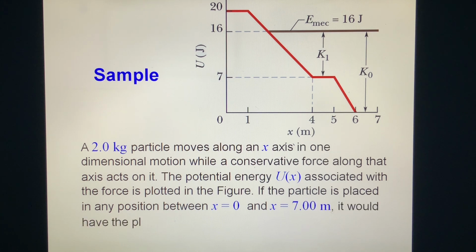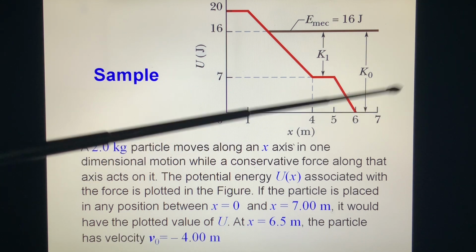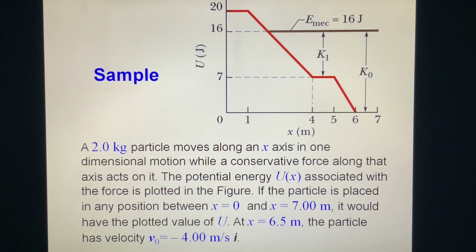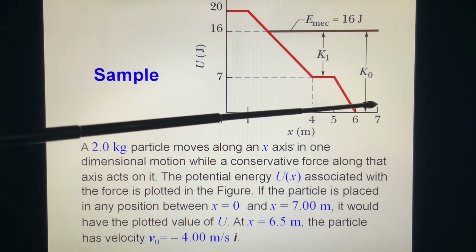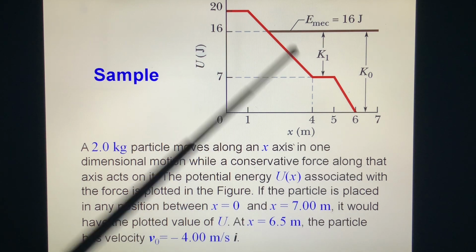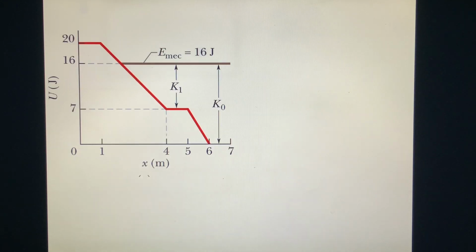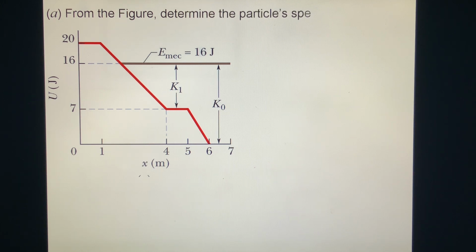If the particle is placed in any position between x equals 0 and x equals 7.00 meters, it would have the plotted value of U. At x equals 6.5 meters, the particle has velocity v0 equals minus 4.00 meters per second i. That means the negative direction of x. Question A. From the figure, determine the particle speed at x equal to 4.5 meters, at this point.